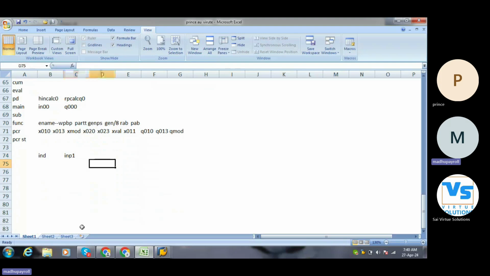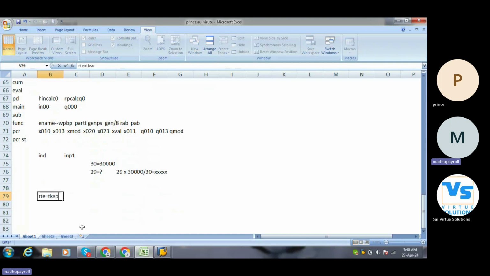So what is INP1 PCR? If you work 30 days you get 30,000. What is 29 days? Simple logic: 29 into 30,000 divided by 30 days, you get some amount, about 29,000. To get this calculation in SAP, there is a PCR.